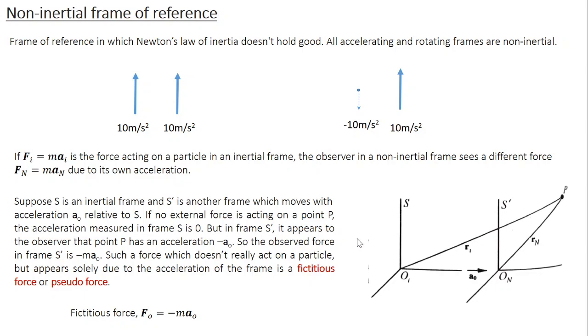Imagine that you have two frames S and S prime, where S is an inertial frame and S prime is a non-inertial frame. Assume that S prime moves with a uniform acceleration A0 with respect to S. Imagine that I have a particle at a point P. Let Ri be the position vector with respect to S frame, where the subscript i indicates inertial, and Rn be the position vector with respect to S prime frame, where n indicates non-inertial.